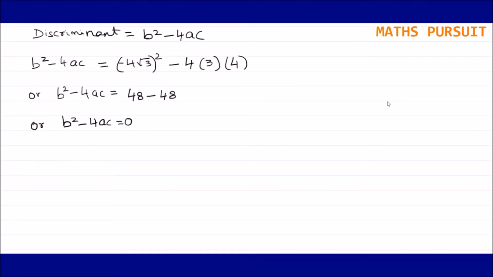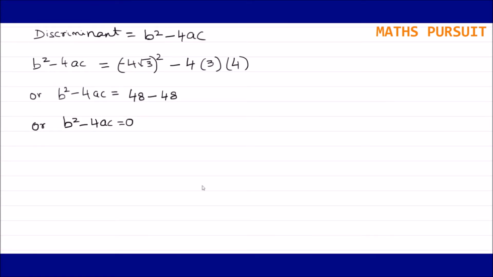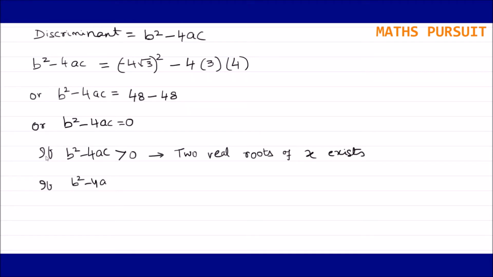Now what happens when the value of the discriminant is 0? There are three cases. If b² − 4ac is greater than 0, then we know that two different real roots of x exist.